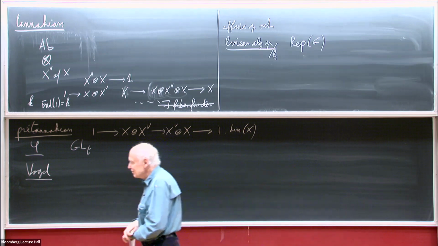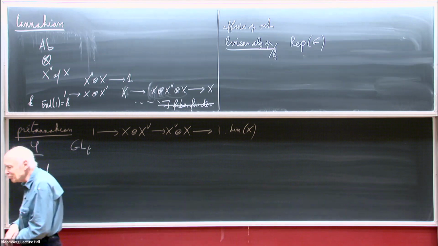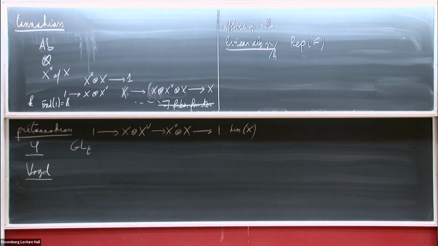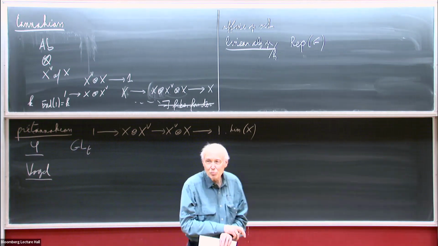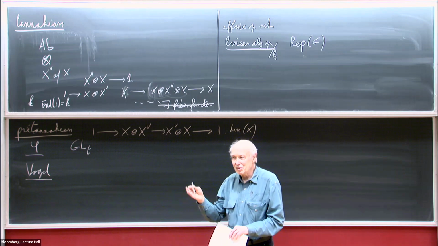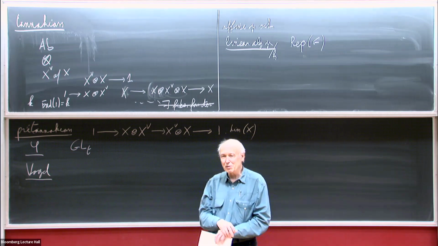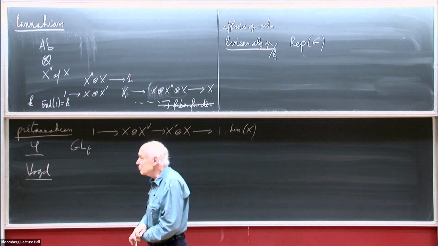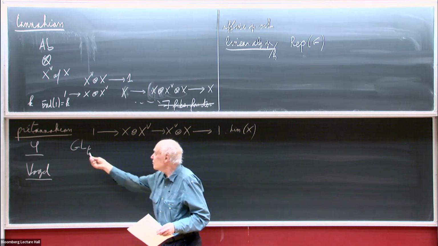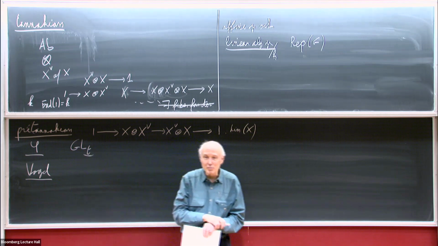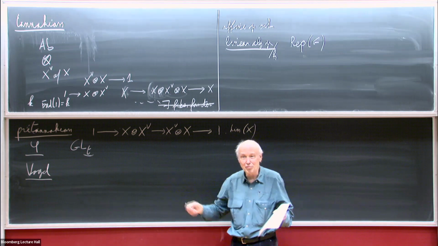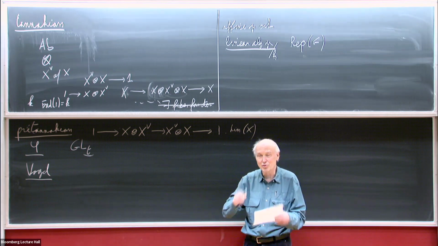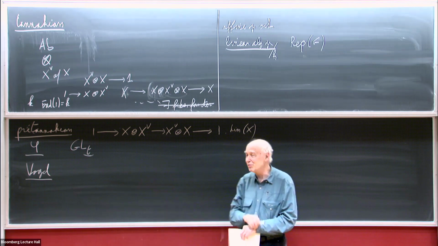I don't know how much he was joking, but Vogel was telling that there are 12 series of simple reductive groups: A, B, C, D, and the exceptional series. So this suggests that there would be something depending on a parameter T, which gives for a specific value of the parameter all the D_n, and so on, and a few others.